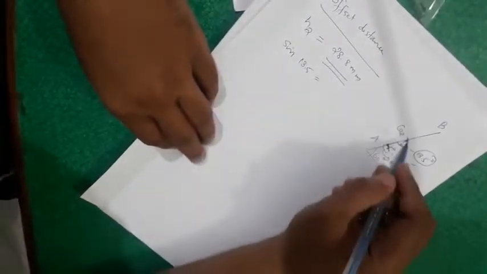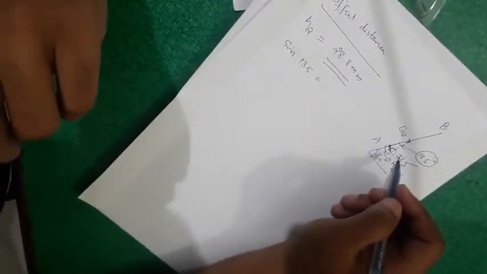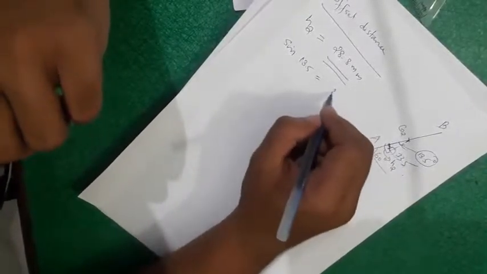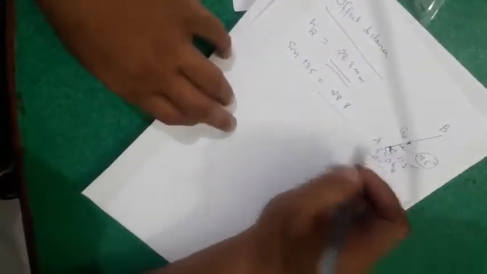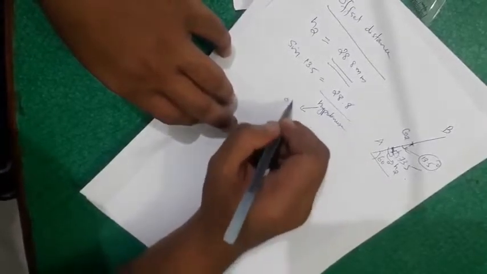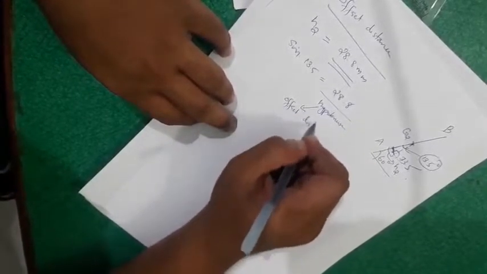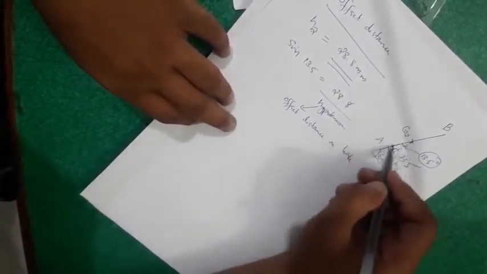So sine of this 13.5 equals the opposite side, that is 28.8, divided by the hypotenuse. This hypotenuse is the offset distance on the link, that is this distance.